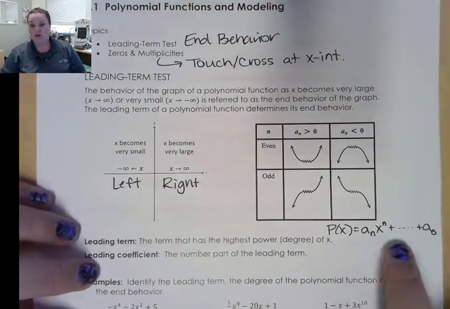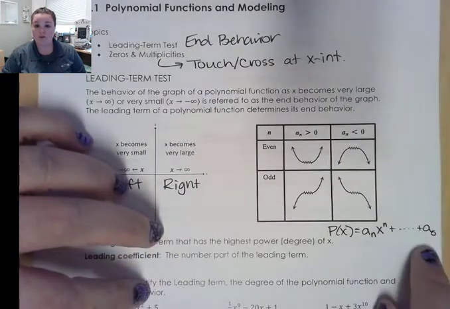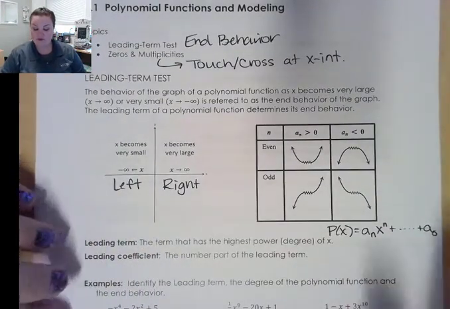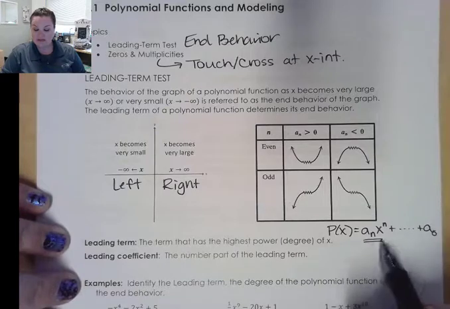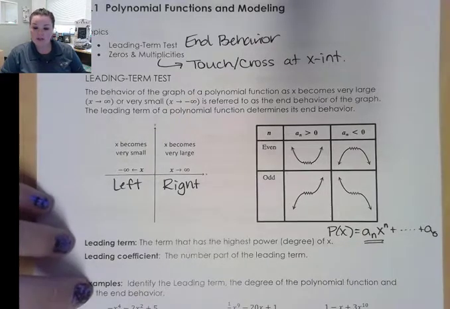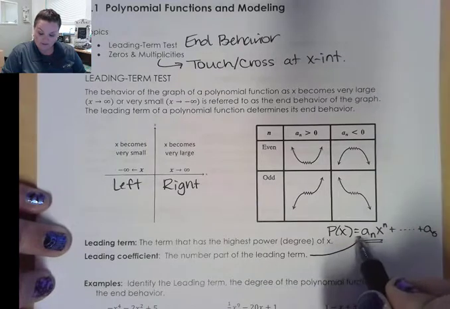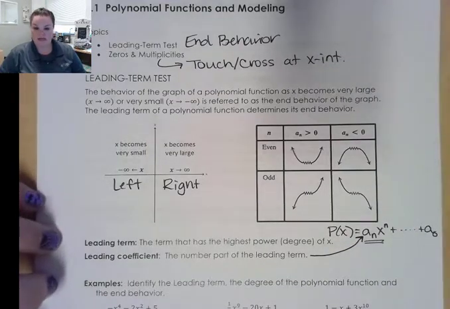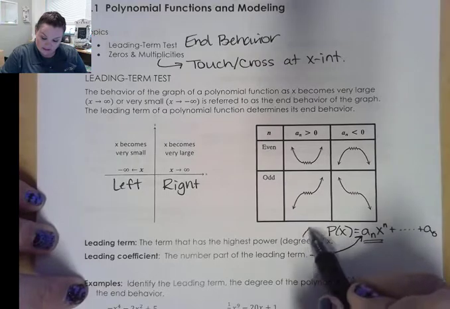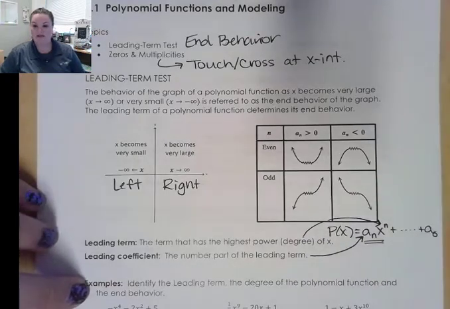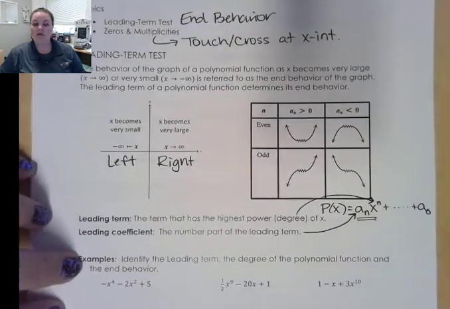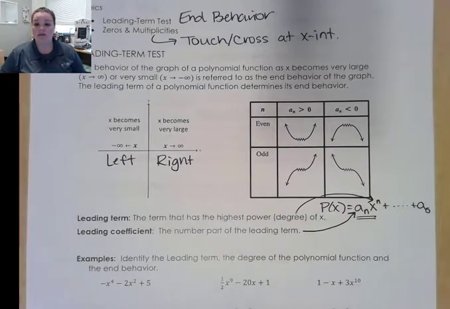Okay, so this is all the terms of our polynomial, with this being our leading term, okay? When we look at that leading term, the leading coefficient, that's the number part. That's what we're calling a sub n, okay? And then the degree is this highest power of x, okay? So we're looking at those two things to determine what's happening at the ends.